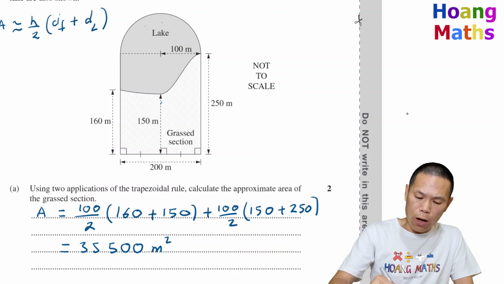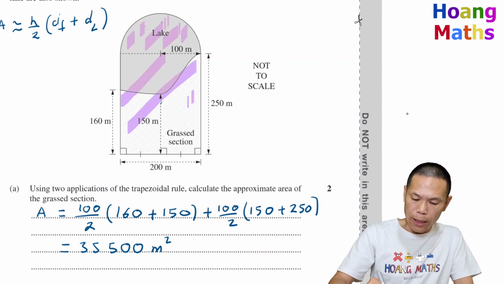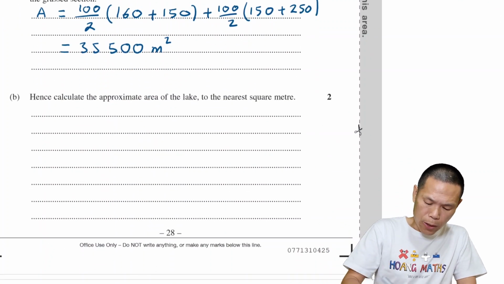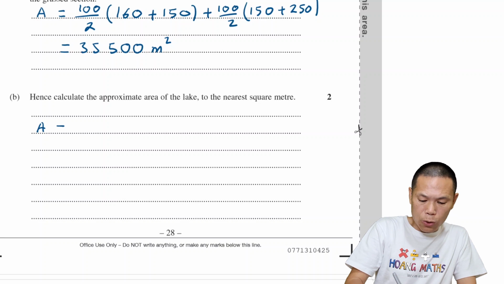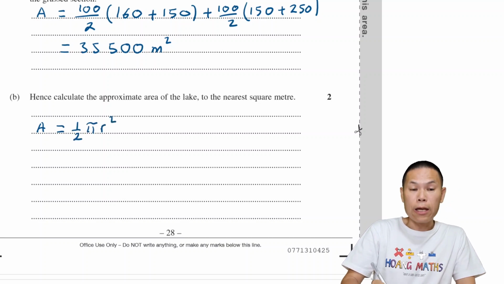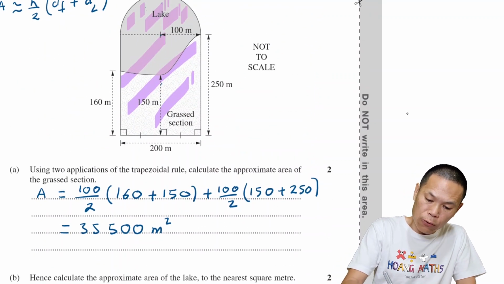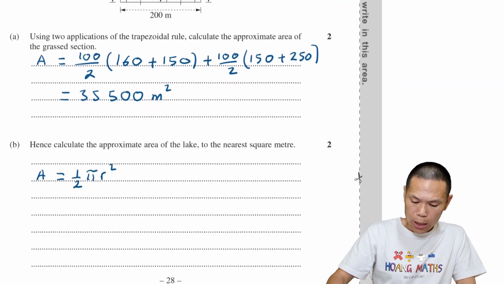Let me just work out this area and then we add this rectangle first, okay? So the area of a semicircle is a half pi r squared. But we know that r is the radius that will give us 100 here, okay? Keep that in mind.